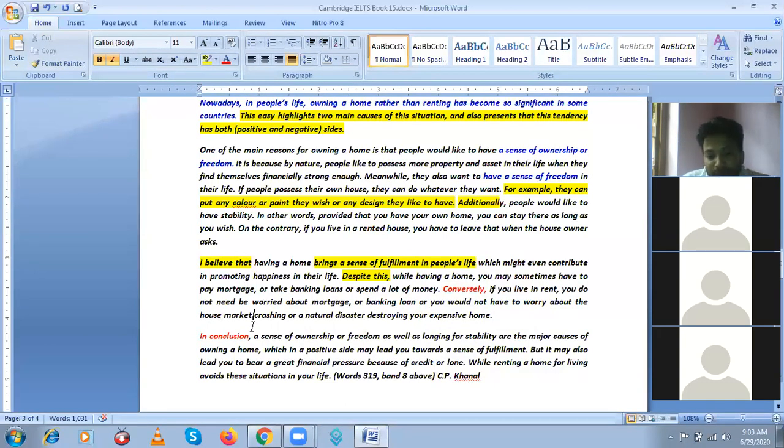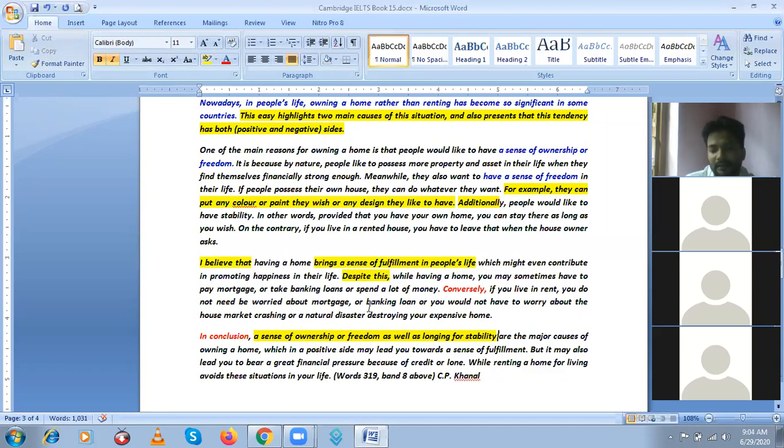A sense of ownership, freedom, as well as longing for stability. These are the main points we discussed in body 1. Are the major causes of owning a home? What are the major causes? Again, we need to restate what we discussed in body 1 and body 2.